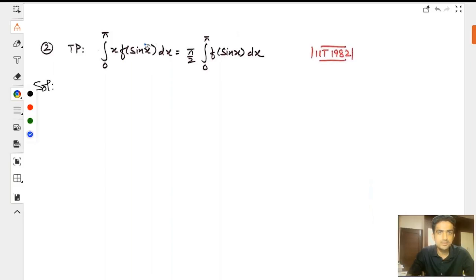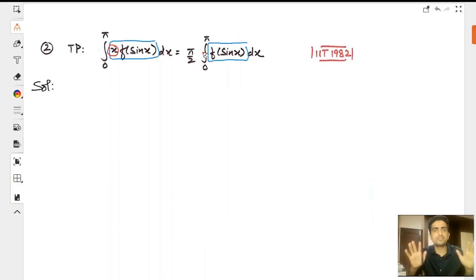Now, if you just relate these two terms, you will see primarily it's x which is missing here. Now that gives me enough idea to use King's rule. I want to remove this x, that is my target. So I have a clear approach in my mind.